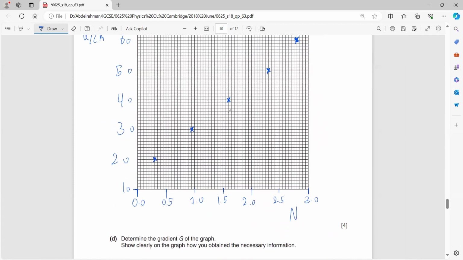Let's draw the straight line. Should be something like that. Does it have to pass through every point? No, it won't pass through every point. One point would be below, one point would be above. But the most important thing is the first and last point. No, not necessarily.